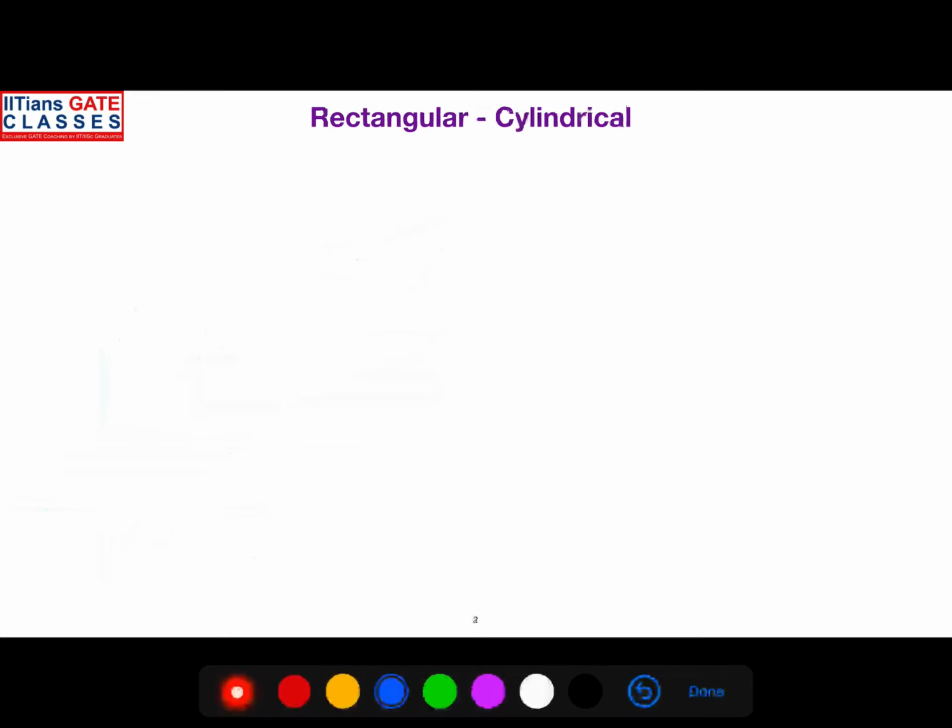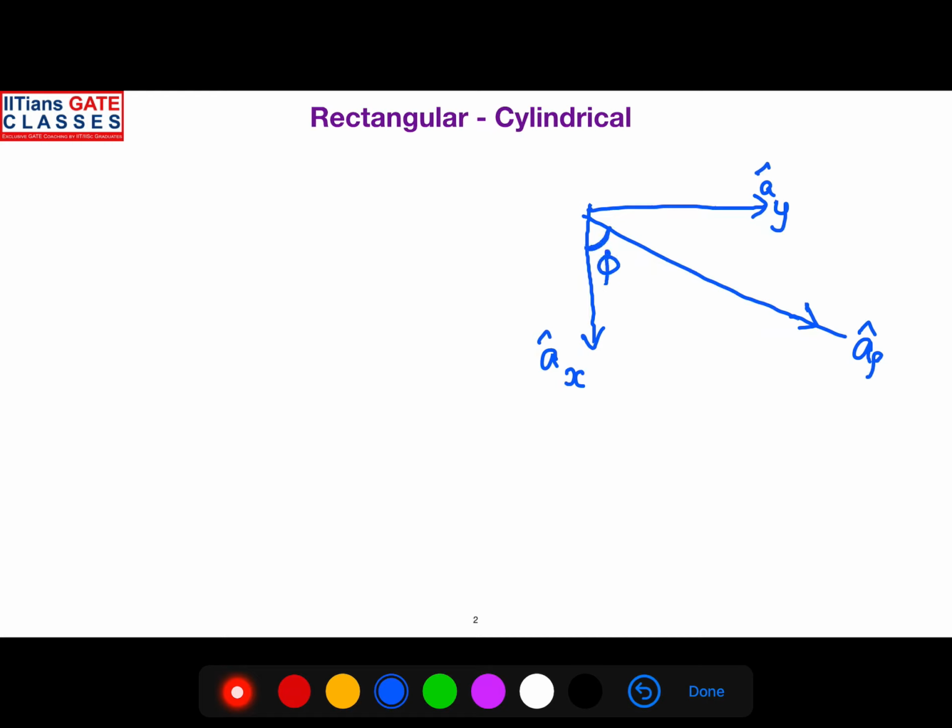So first, for the conversions from rectangular to cylindrical, I will draw the diagram. Let us consider this is your x-axis and this is your y-axis, and you know that rho is a vector which lies in the xy plane. So consider this is the direction of rho. Let me say this is the unit vector a rho cap, along with ax cap and ay cap, and this represents the phi vector, right?